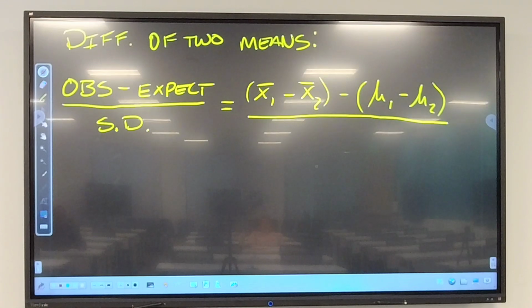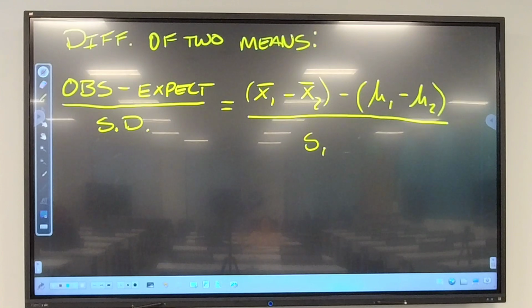And then, down here we should have a standard deviation that feels pretty normal, even if it looks weird. I'm going to have 2 standard deviations, one for each of these samples.